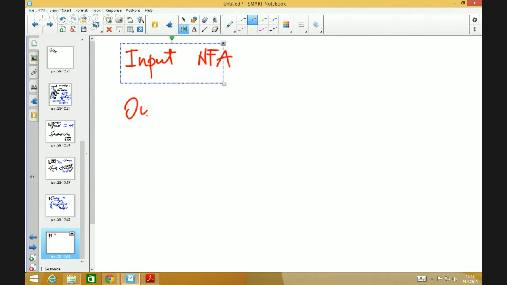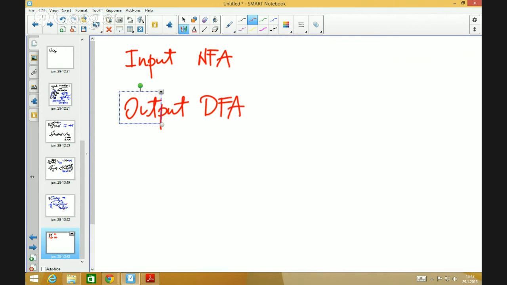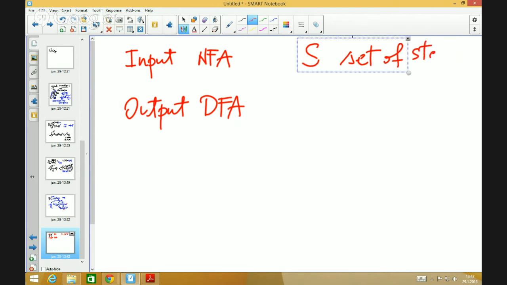The output is a DFA. So let's say that the NFA has S as a set of states. The DFA will have the power set of S as its set of states.